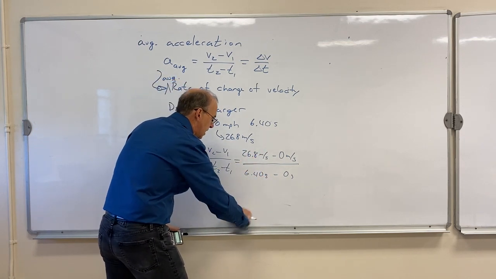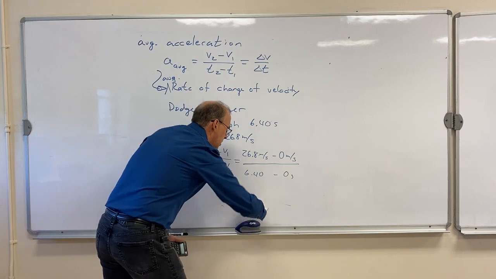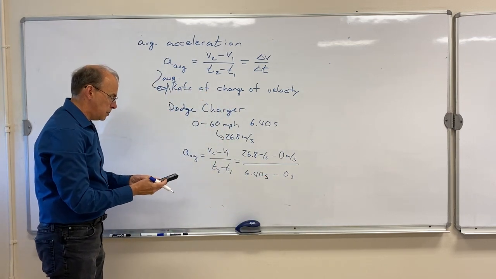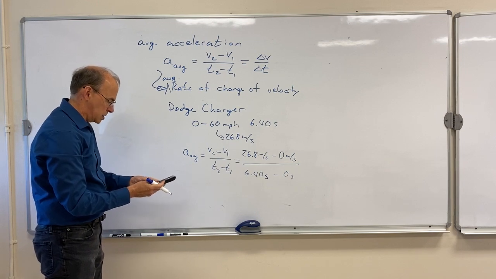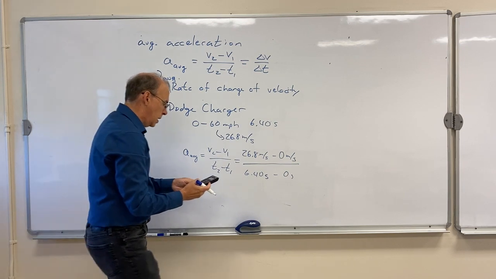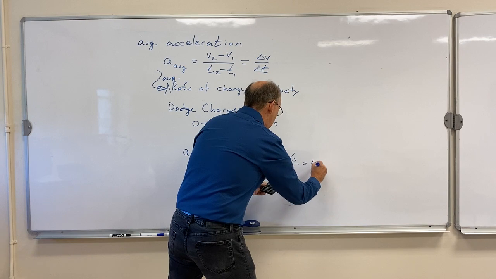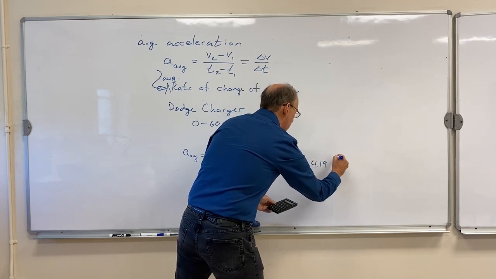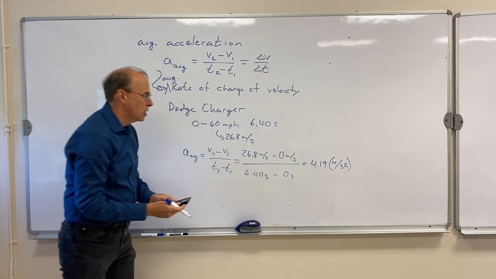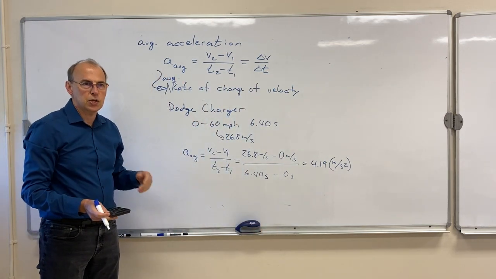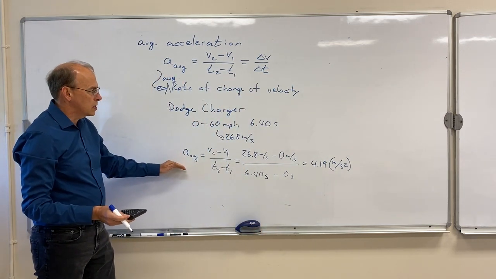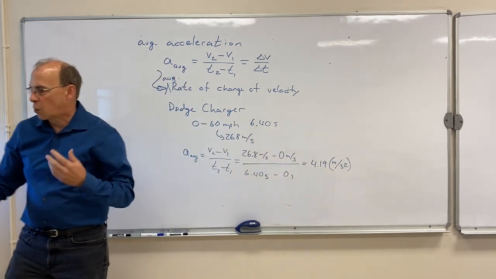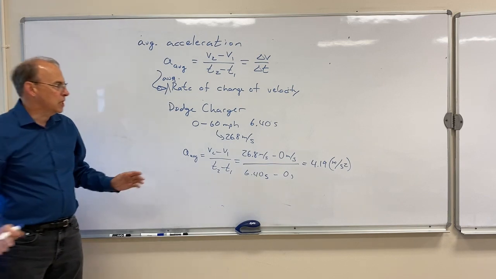So 26.8 divided by 6.4 is 4.19 meters per second every second, which we write as meters per second squared. So the average acceleration of a Dodge Charger is 4.19 meters per second squared. That's how rapidly its speed can change.